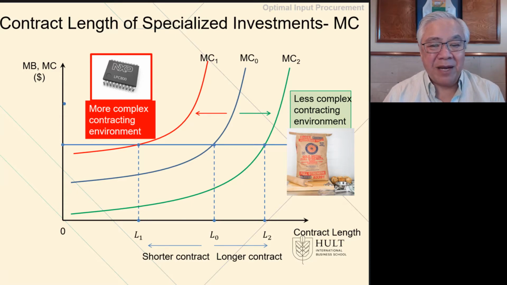So if you're running that bakery, you're not going to buy a short-term duration. You could buy a longer-term duration for your contract for flour. It also reduces the risk of any price increases that may occur in flour. So in this case, less complex contracting environment, more assurance of the need of the particular product over time. All these combine to push out the term to a longer-term supply agreement.